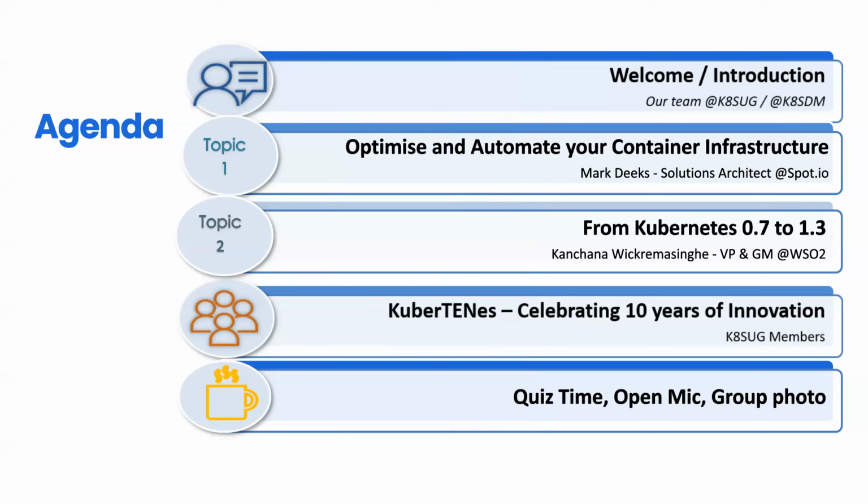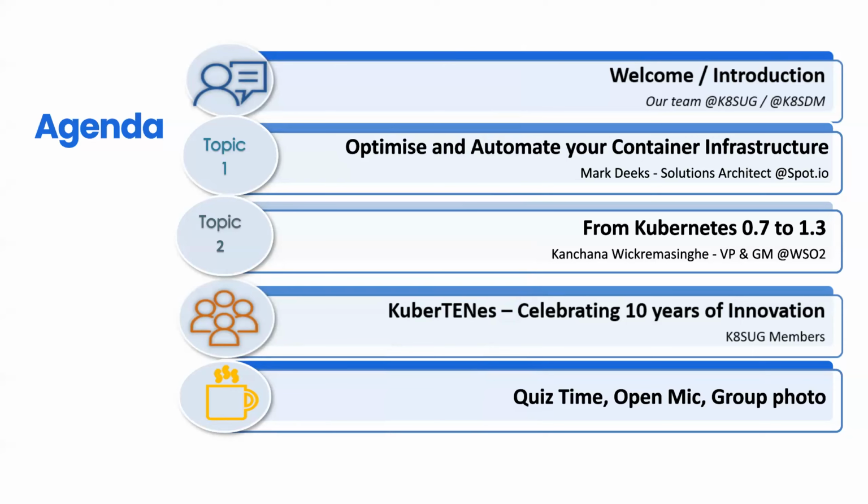And we have two exciting topics lined up. First, we have Mark from Spot.io, on optimizing and automating your container infrastructure. And secondly, we have the topic of Kubernetes 0.7 to 1.3 by Kanchana from K8SUG. So thank you both for presenting and sponsoring our event tonight.